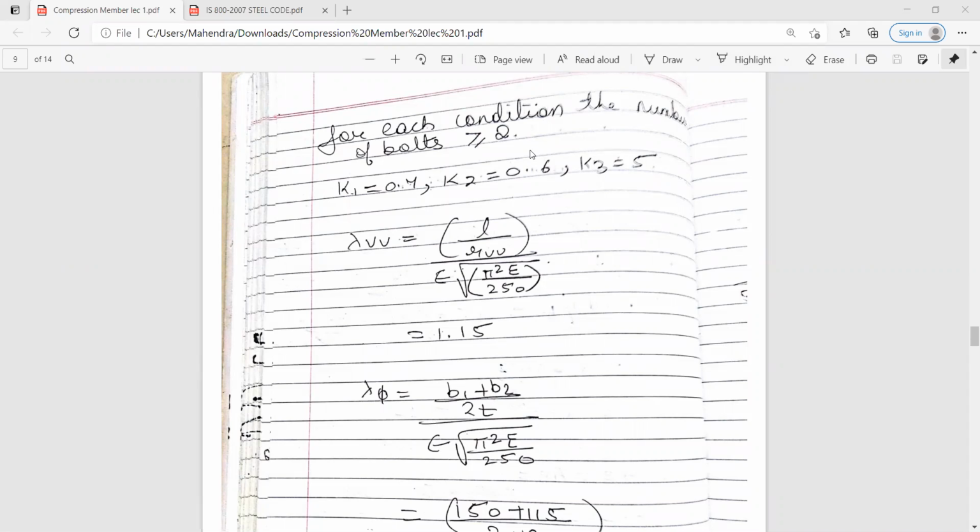Now, if anyone is having the steel table, they will let me know the value for the RVV. That is the radius. 1.58. The value of RVV is 1.58, that is the radius.